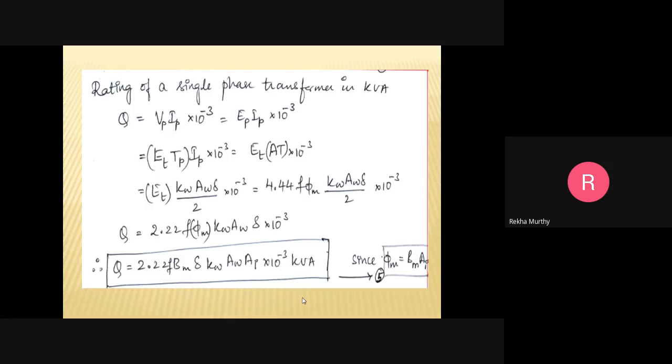In next class, I will discuss about the output equation of 3-phase transformer. Okay, I'll share the recording of this class to your mail ID.